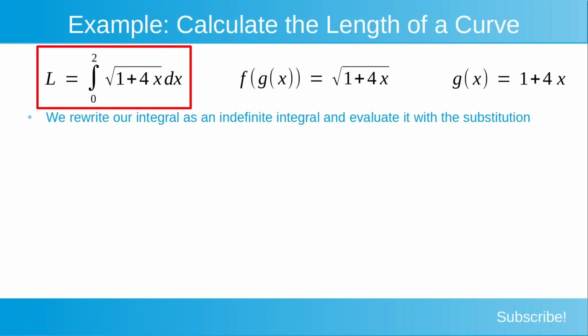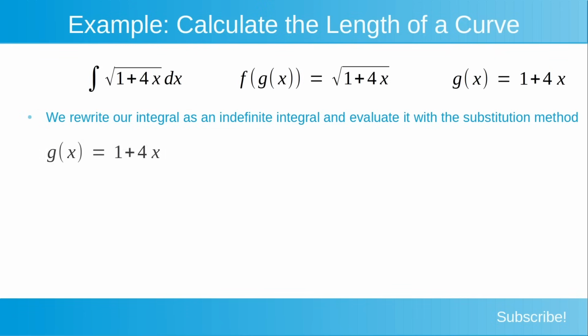We now rewrite our integral as an indefinite integral and evaluate it with the substitution method. To do this, we substitute the variable u for the function g of x. So we're going to be substituting the variable u for 1 plus 4x. We also set g prime x dx to be equal to du.